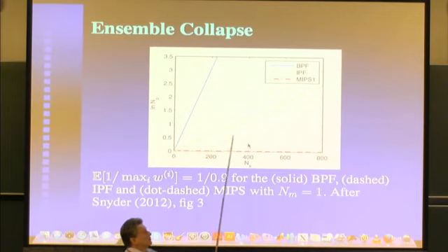The implicit particle filter that I was talking about earlier, one of these examples where you look for sampling about the maximum likelihood trajectory, does a little better, but you're still doomed.